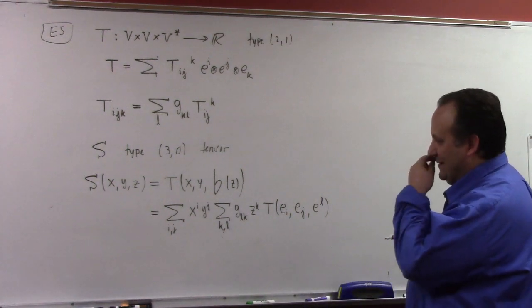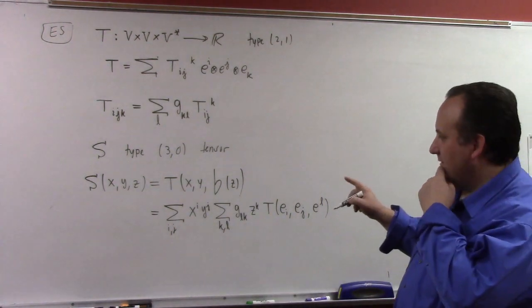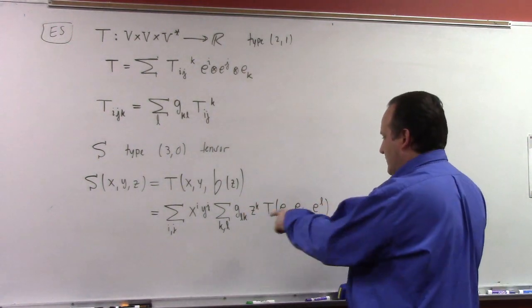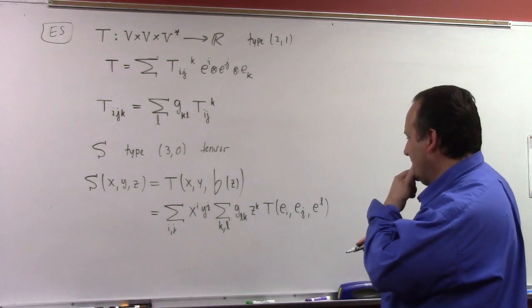So what I did was I just plugged in the formula for the flat into that, and then I pulled out the sum and changed the letters so they don't overlap with the other existing letters.